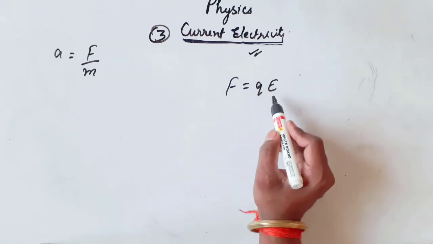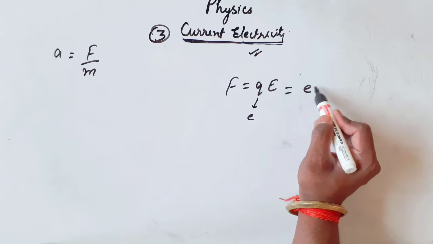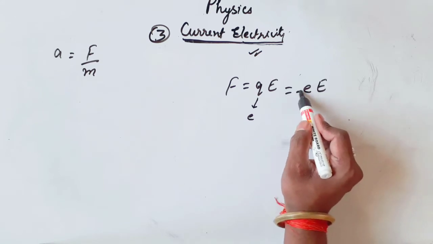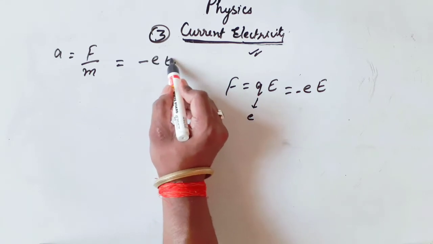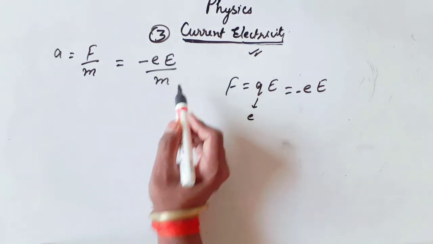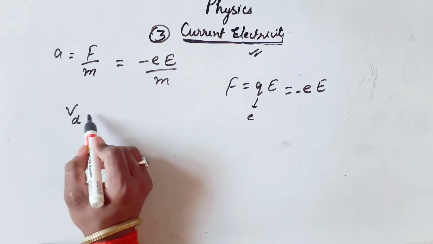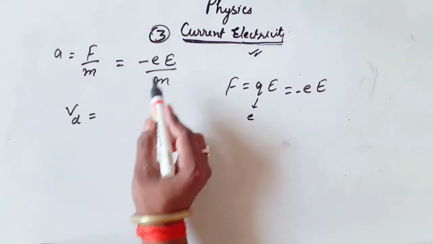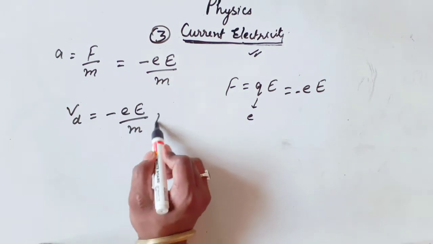So F is equal to Q into E, and here the value of charge is e, so we can write e into capital E, which is of negative nature. So here we can write minus e into capital E divided by m. It will be the value of acceleration. So average velocity will be equal to, in place of a we can put this value, e into capital E upon m into tau.